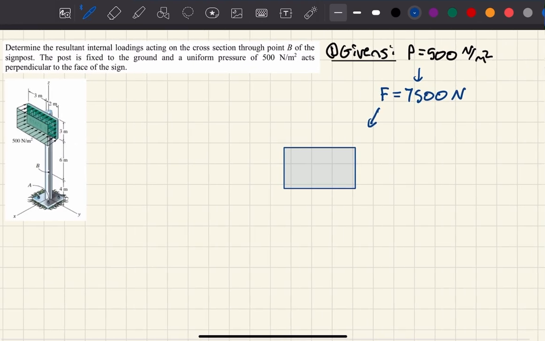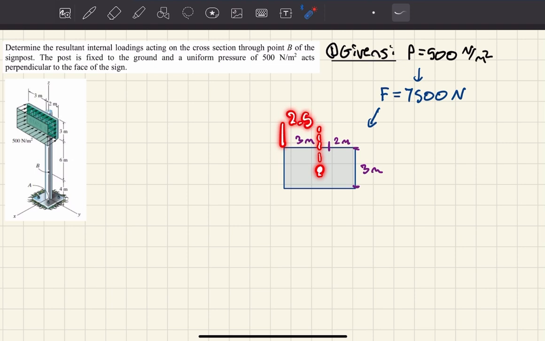As it says in the diagram, if I just roughly draw it, this is 3 meters, this is 2 meters, and then from here to here is 3 meters. This force will act at the center, right? So right about here. Where is that? Well, it is 2.5 by 1.5.